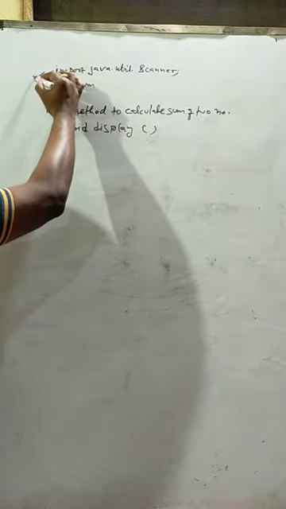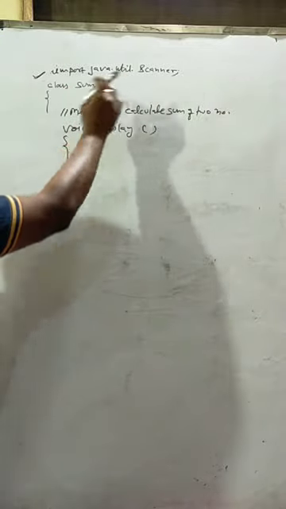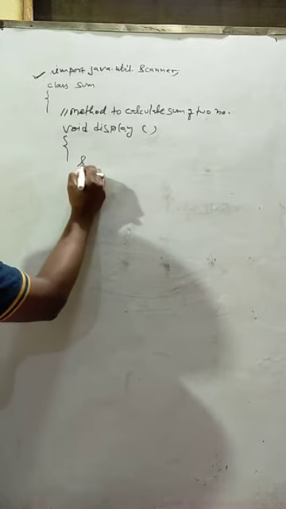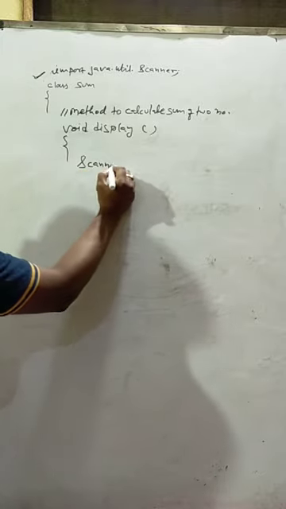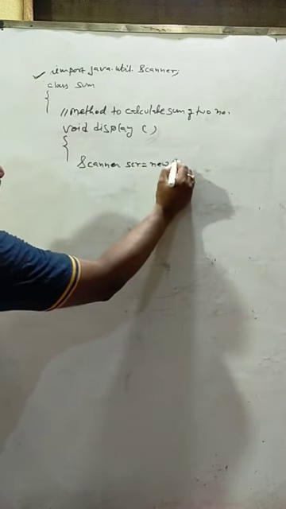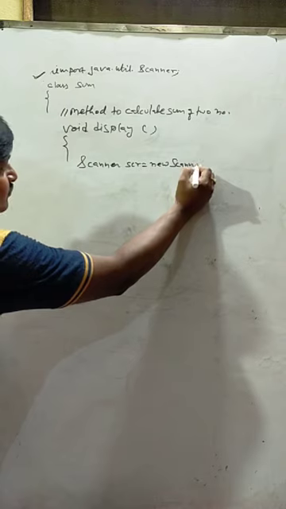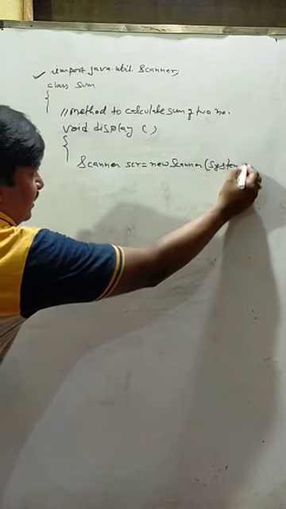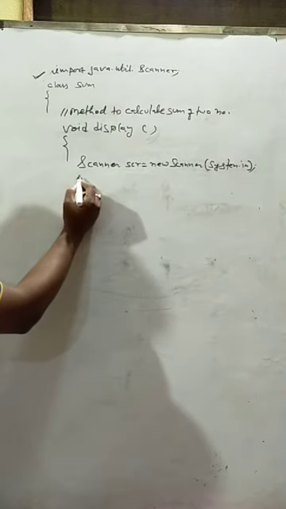We write the import line above the class declaration, and inside a method we have to create a scanner object. So Scanner scr equal to new Scanner(System.in). This is the scanner object scr.